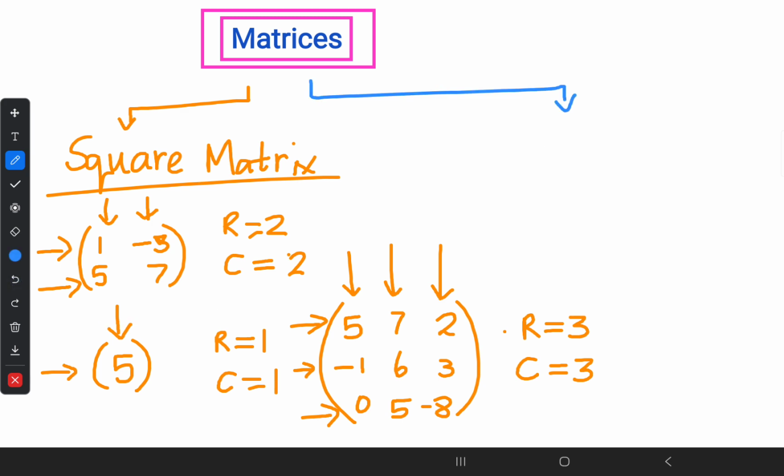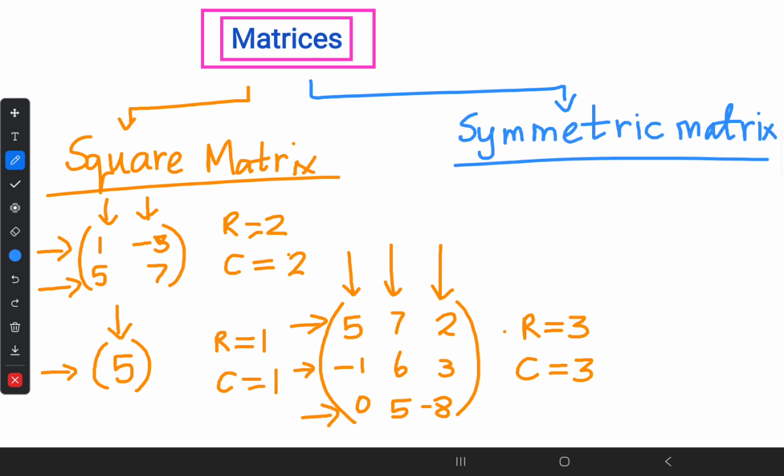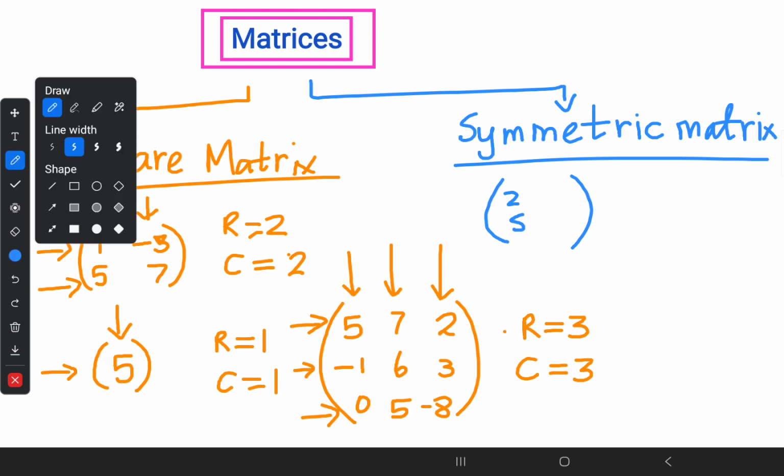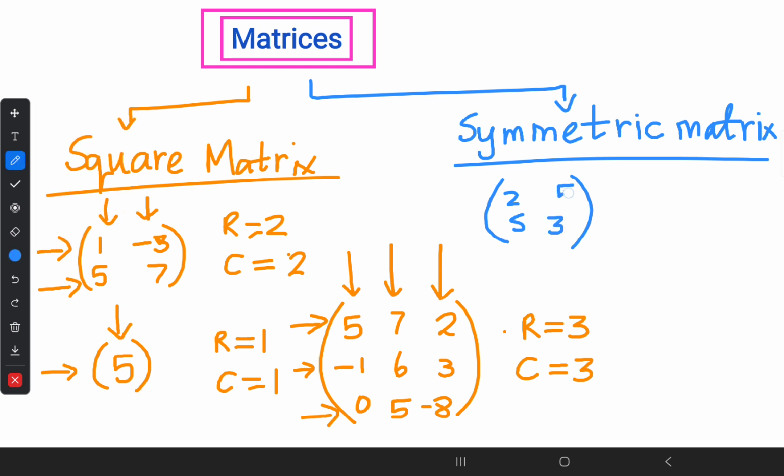Next one is the symmetrical matrix. Symmetric matrix means here we are just considering square matrices. If it is a square matrix only, it could be a symmetrical matrix. For example, here I have 2 and 2, here 5, no, so 2 and 3, here 5 and 5.